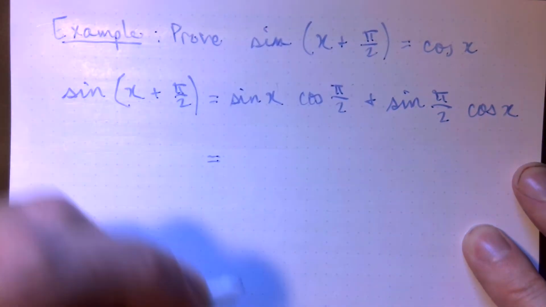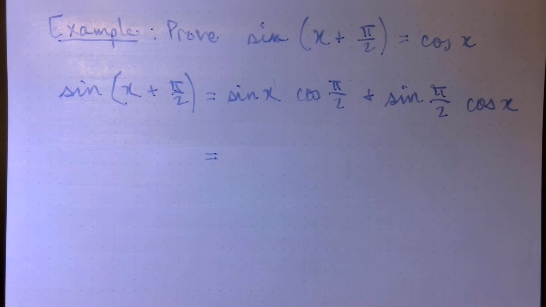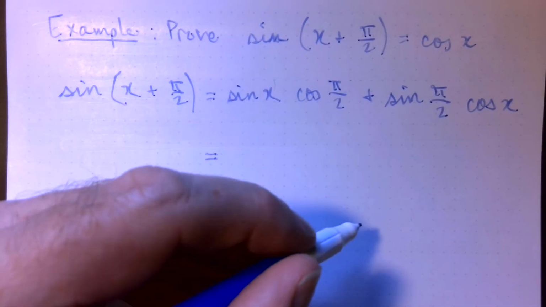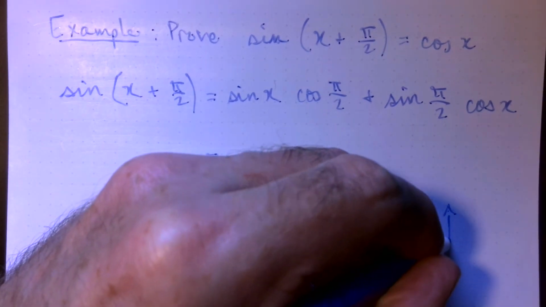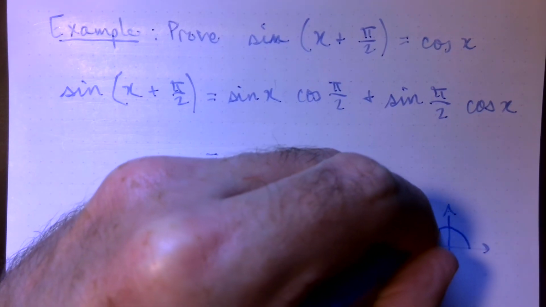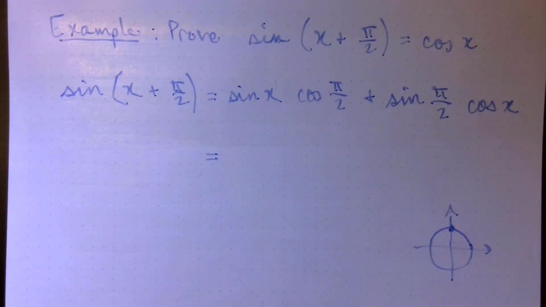Now pi over 2 is another special angle. We know the value of sine, cosine, and tangent for pi over 2. Cosine pi over 2 is 0. If you think very briefly about the unit circle definition, an angle of pi over 2 would put us right there.